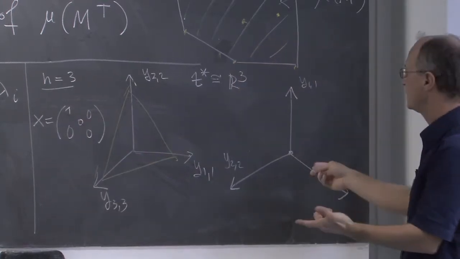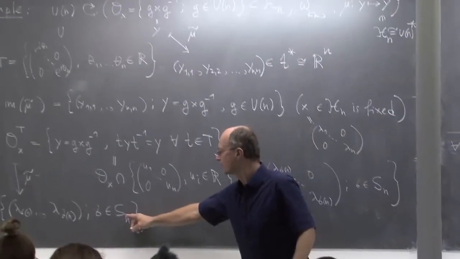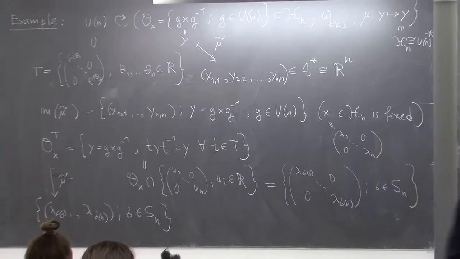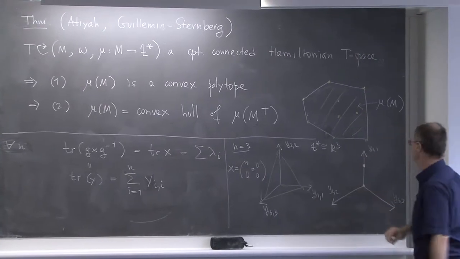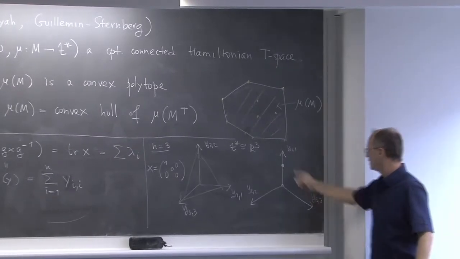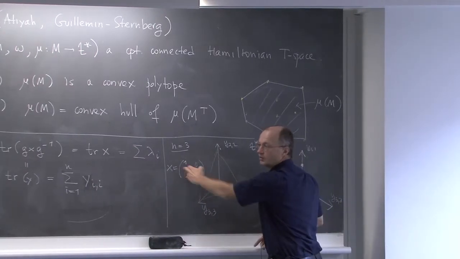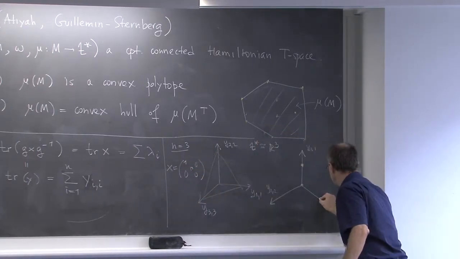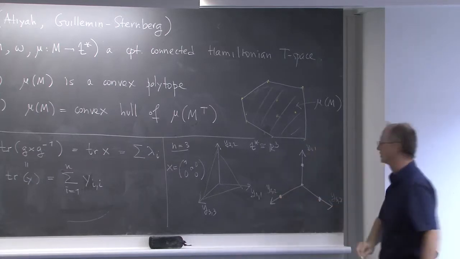So then, what's the image of the points in the fixed point set? So there is this point, right? 1, 0, 0. And then there will be other permutations. I can put this 1 on any of the axes, right? So there will be this guy and that guy, right?